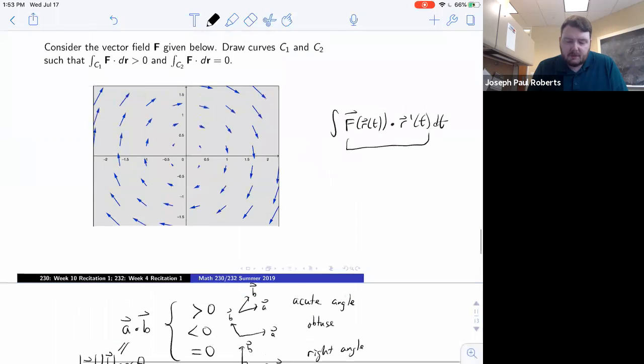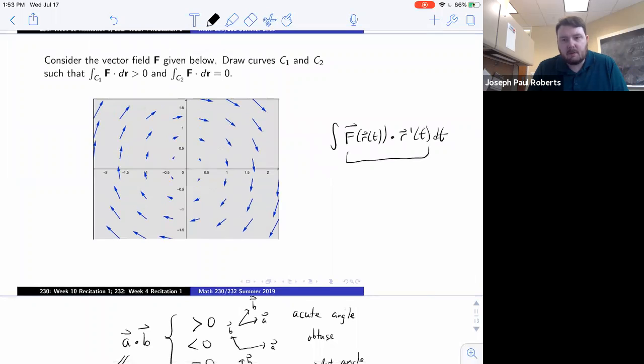And so intuitively, it just kind of makes sense. Think about if you're rowing with or against the current. For example, this looks like a clockwise swirling. So if I let C1 go like that, the tangent vectors to C1 and the vector field are making an acute angle with each other at all points.